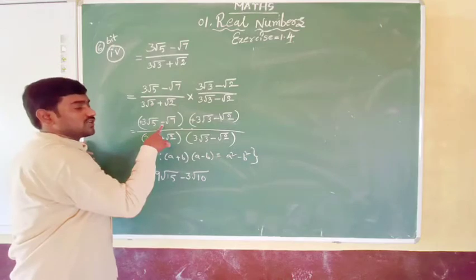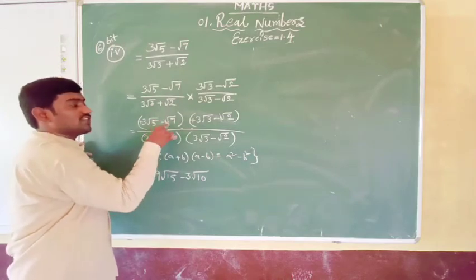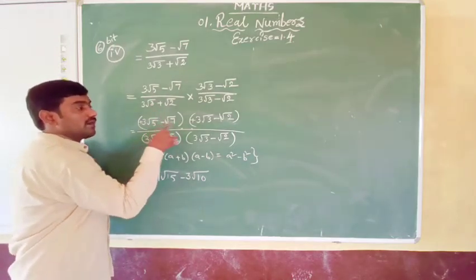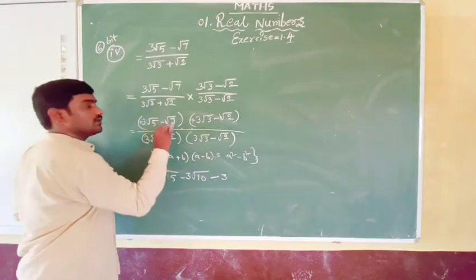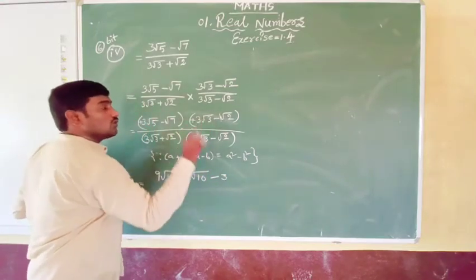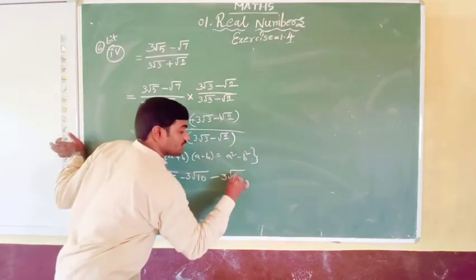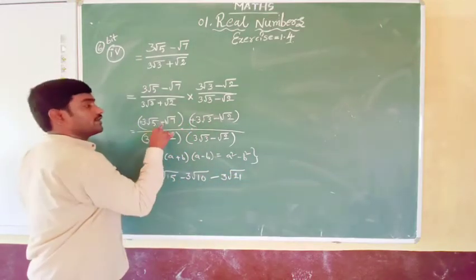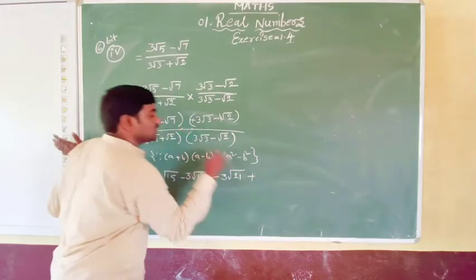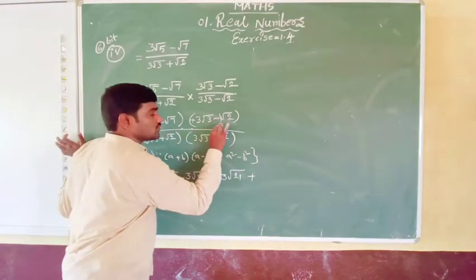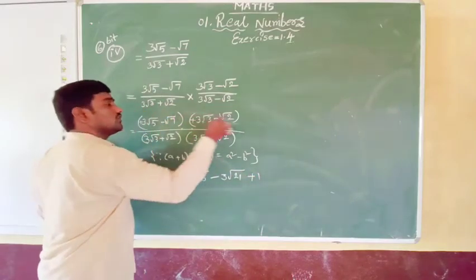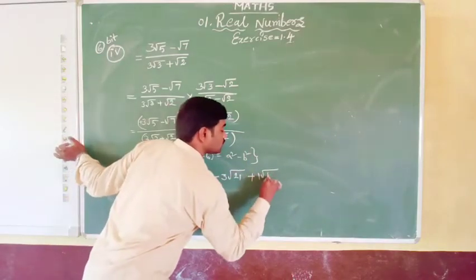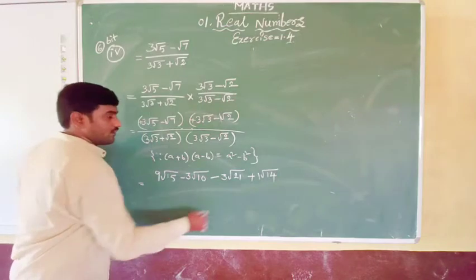With minus √7 we need to multiply. Only one √7 is there. Minus into plus is minus. 1 into 3 is 3, and √7 into √3 is √21. Here minus into minus is plus. Here there is 1 √7 and 1 √2. 1 into 1 is 1, and √7 into √2 is √14.